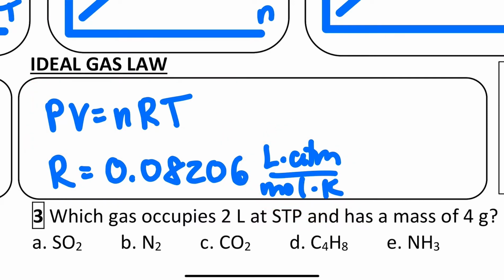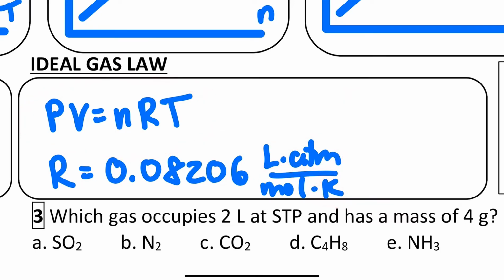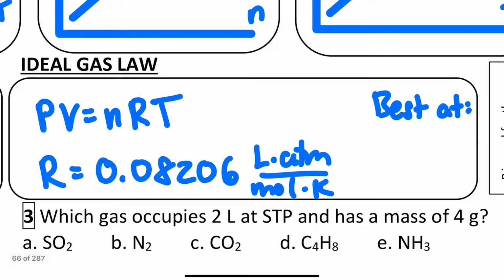If you're using the ideal gas law and this numerical value of R, your volume has to be in liters, your pressure has to be in atmospheres, and your temperature has to be in Kelvin. So you should know how to convert other units of volume into liters, other units of pressure into atmospheres, and other units of temperature into Kelvin if we're ever using this equation, and we'll do that several times in this unit. We'll also follow up with when this equation really works.